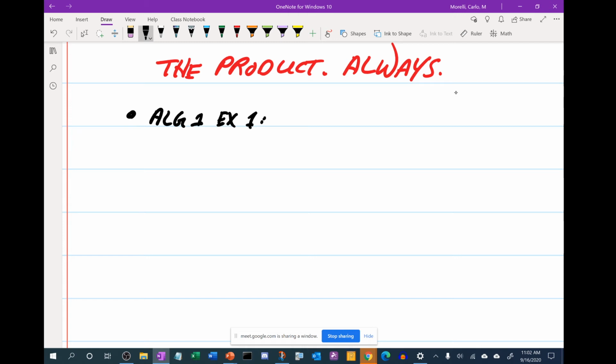We're going to apply the multiplicative inverse rule. And here's your example. For all of these, we're going to try to solve for the letter. Here it is. 3 equals 1 over 9x.